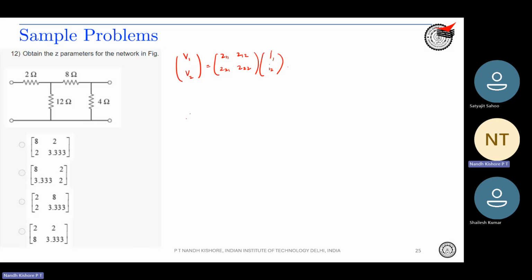So you know that in this ladder, this is V1 and this is your V2, something like this. Now the point is, let me call this midpoint Vx. We will call this midpoint Vx.